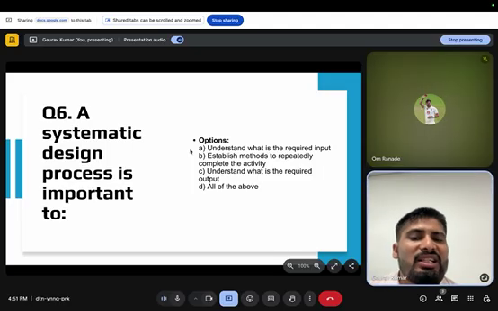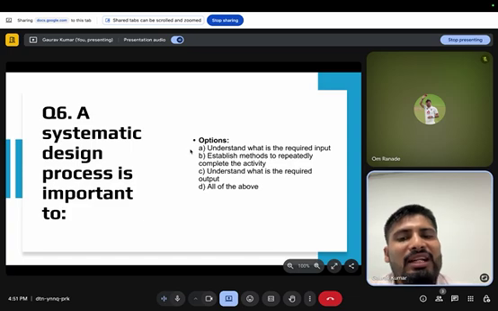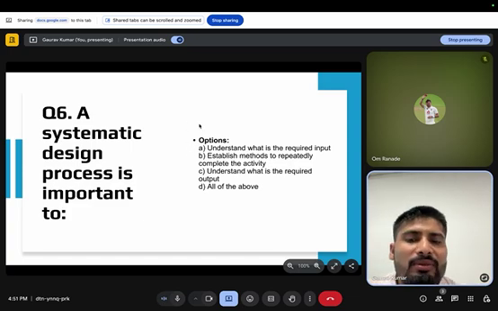So a systematic design process provides structure and clarity to product development, and it ensures that activities and outputs are explicitly defined and repeatable.